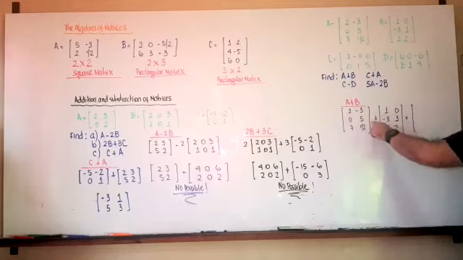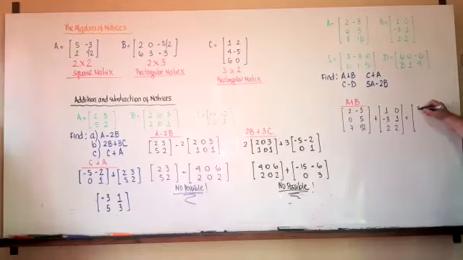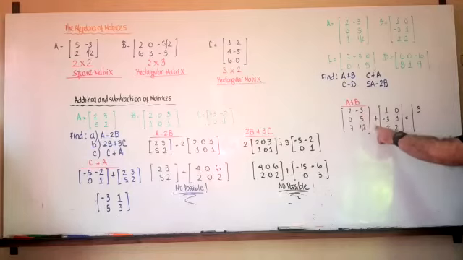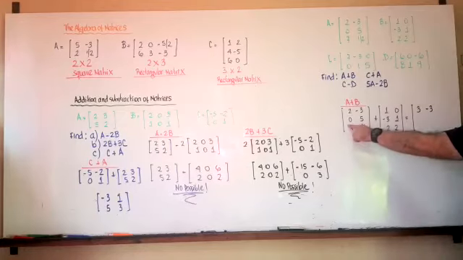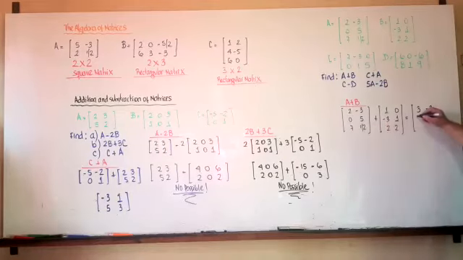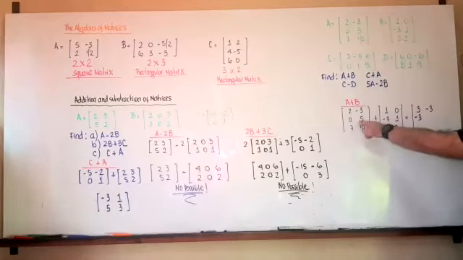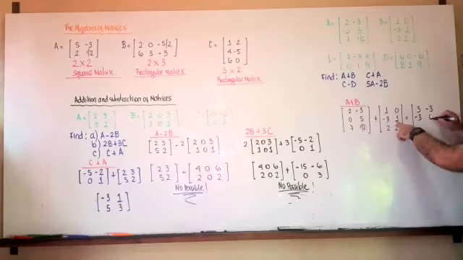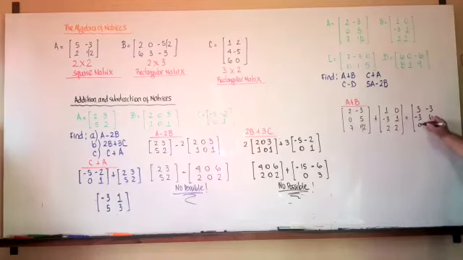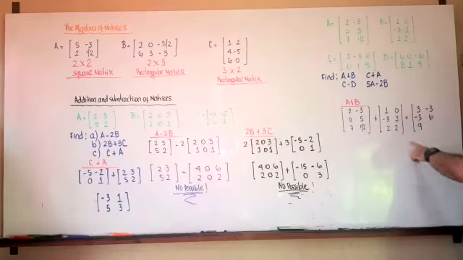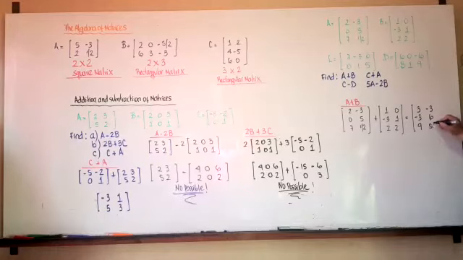I mean, 2 plus 1, 3. -3 plus 0, -3. 0 plus -3, -3. 5 plus 1, 6. 7 plus 2, 9. 1/2 plus 2 is 5/2. And that's it. We got the first answer, A plus B.